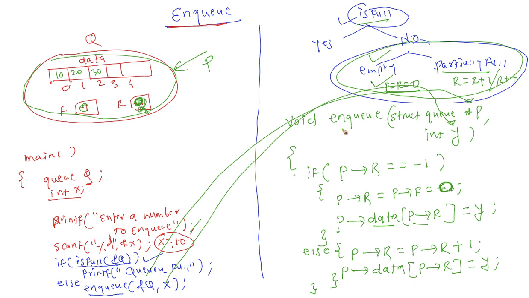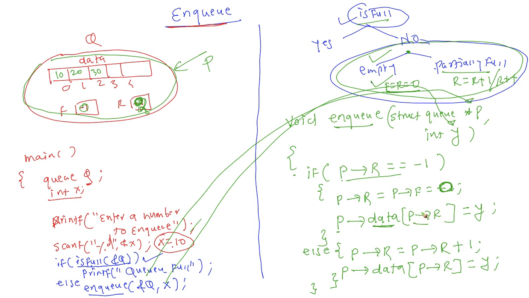So that's it. This bracket is the else bracket and this is the bracket of this function, right? So this is the NQ function where we are taking care of these two situations. The first situation is the queue is empty. If the queue is empty, I'll set both p arrow r and p arrow f to 0. That is, r and f are set to 0. And then we are going to the data array, right? The data array is inside the structure pointed to by p. That's why p arrow data. In that data array, the location is the r location.